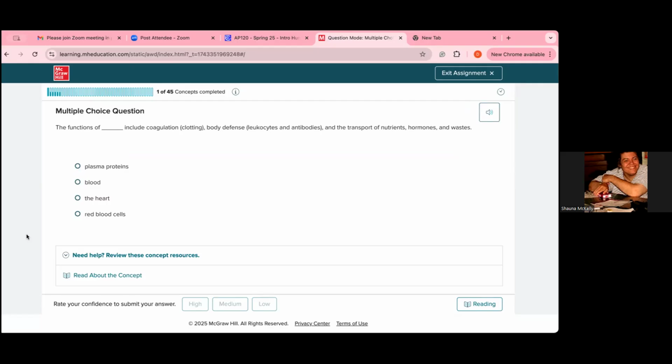That's the functions of blood. Because clotting is usually the platelets. Body defense is the white blood cells, and then the red blood cells are the rest. So I would say blood. The functions of blood include all of those.